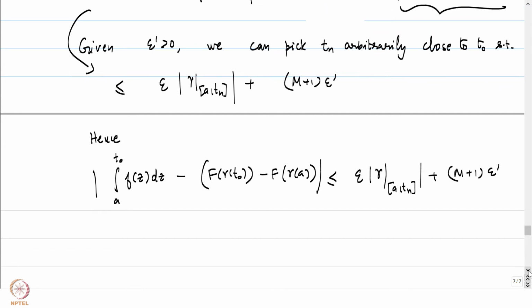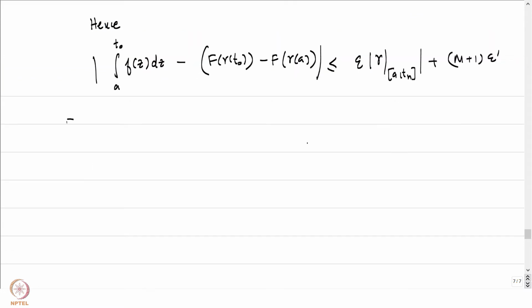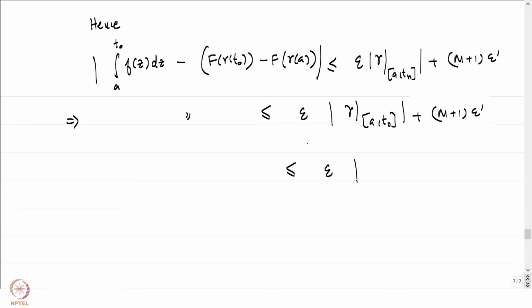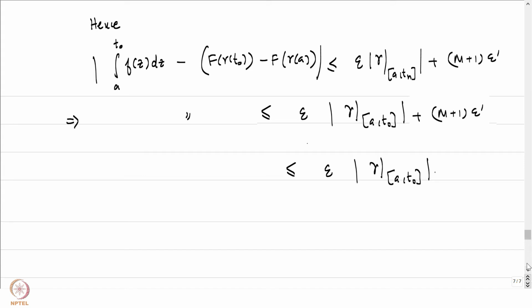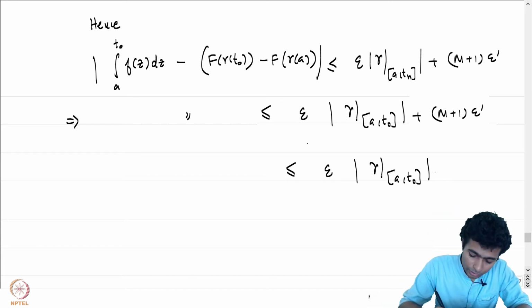And this is true for every epsilon prime. So this tells us that the quantity here is in particular less than or equal to epsilon times the arc length of gamma restricted to A comma Tn, which hence is less than or equal to epsilon times the arc length of gamma restricted to A comma T naught. And that's precisely what we had set out to prove. And therefore, T naught belongs to omega epsilon, and hence omega epsilon is closed.